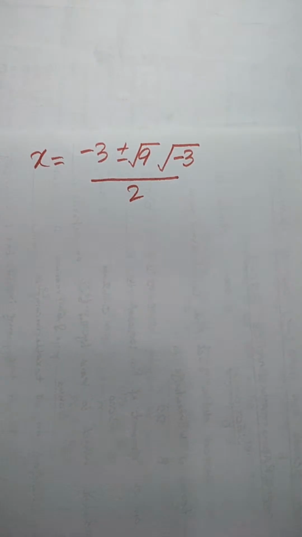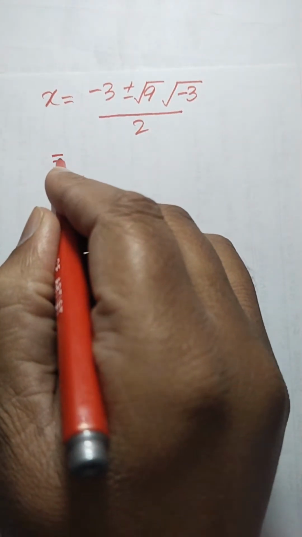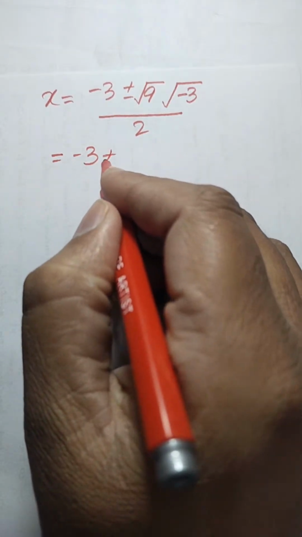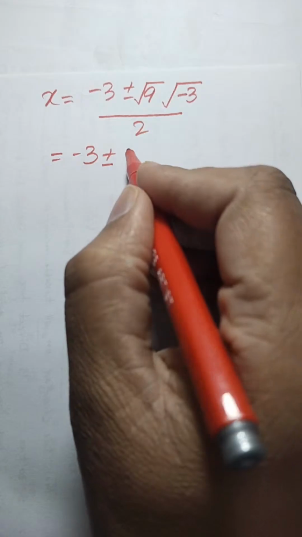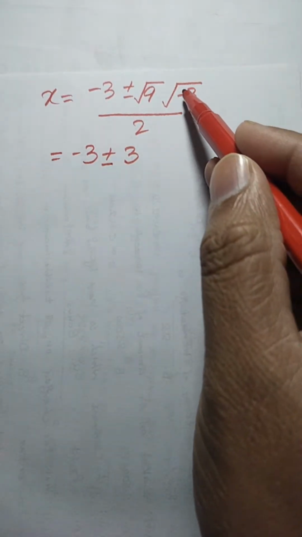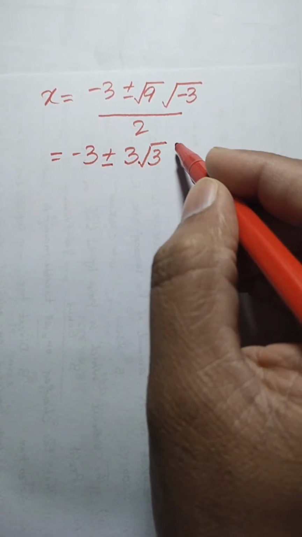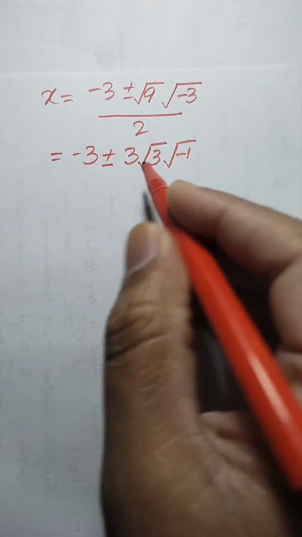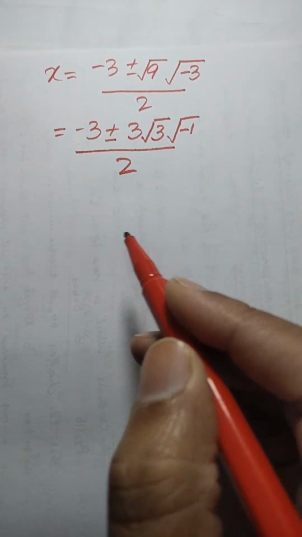So here we need more simplifications, and it will be written as minus 3 plus minus, we know that the square root of 9 is equal to 3, and here again we apply the square root separately on both of these values, and it will become the square root of 3 into square root of minus 1, and it is divided by 2.